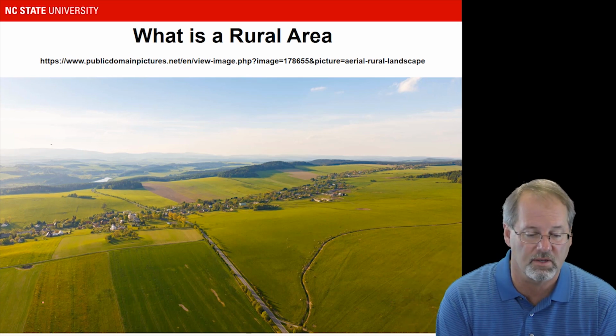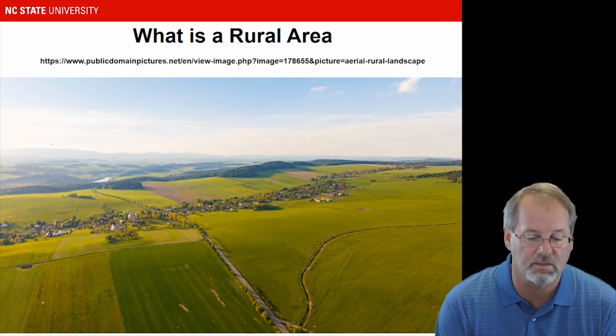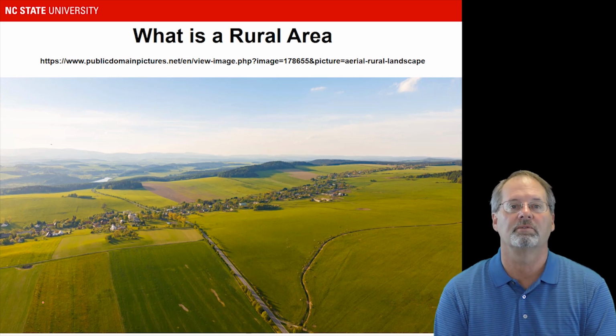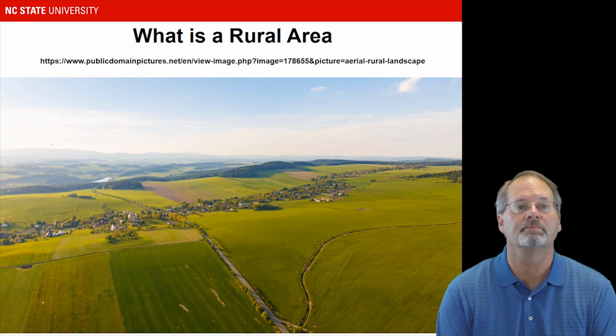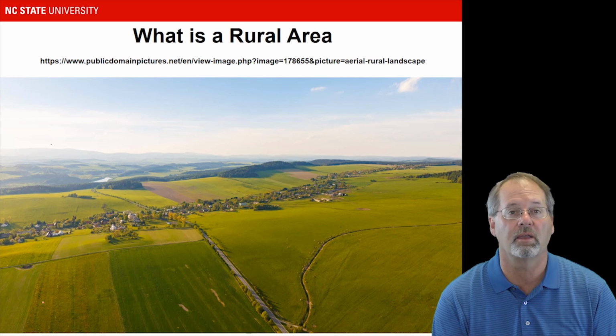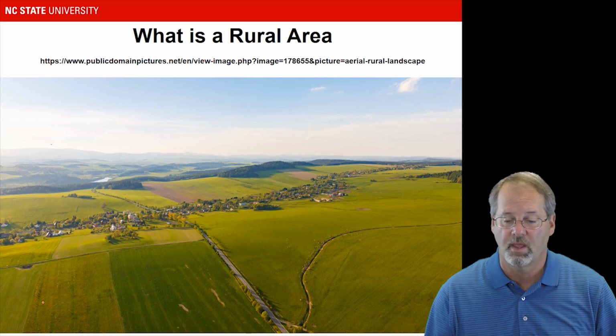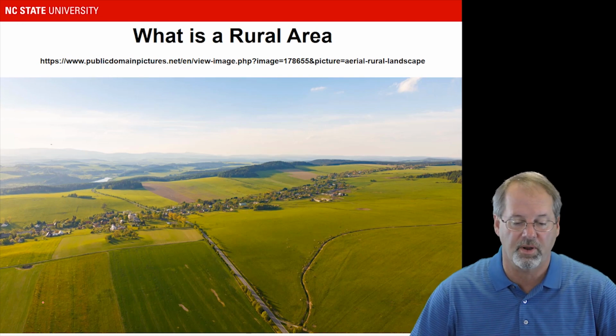And you can see here that it looks like there's a town centered around a road in the middle of the image. And that's an important part of it. People and the land are interacting, and that's important. But here you can see a lot of crop area.